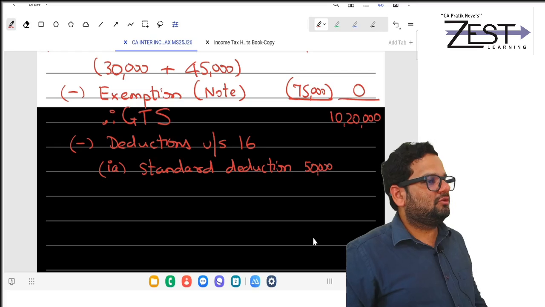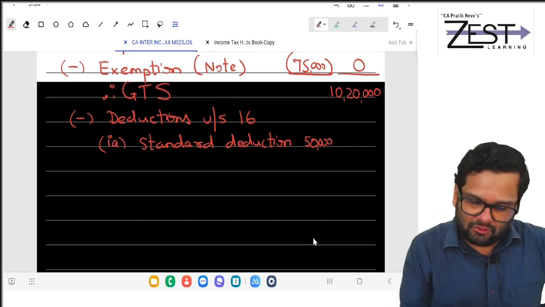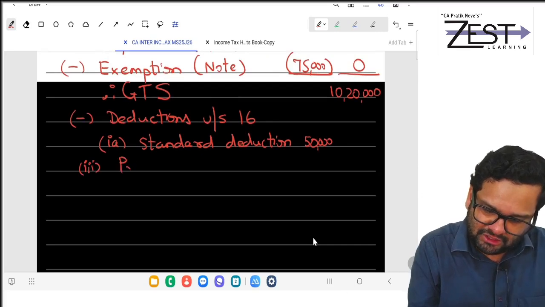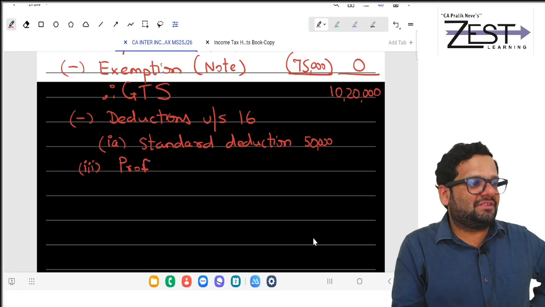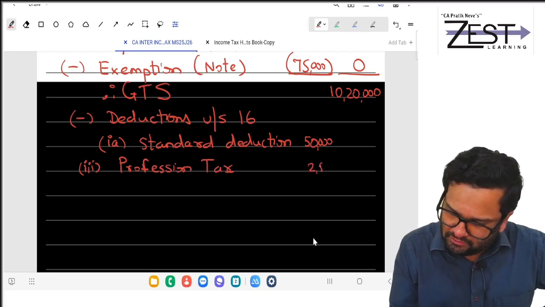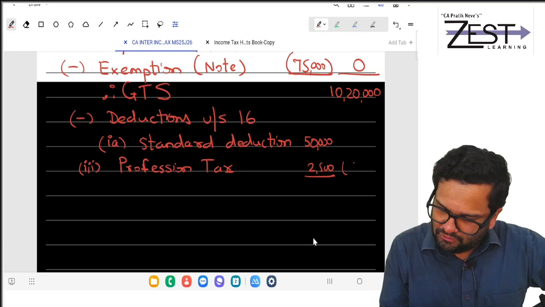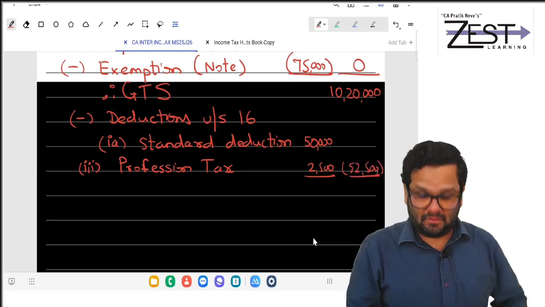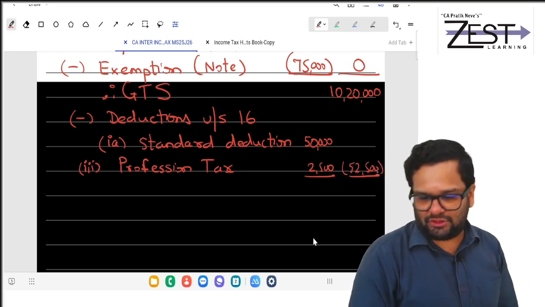All of you 50,000. Then 3, profession tax. 2 is entertainment allowance. 3 is profession tax. Totally paid is 2,500. 52,500 from 10 lakh 20,000.